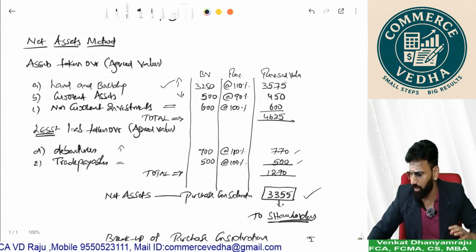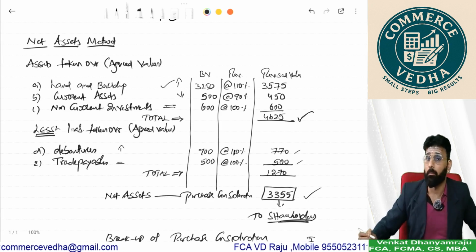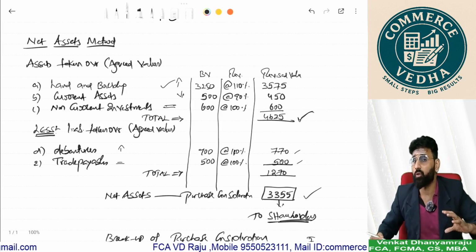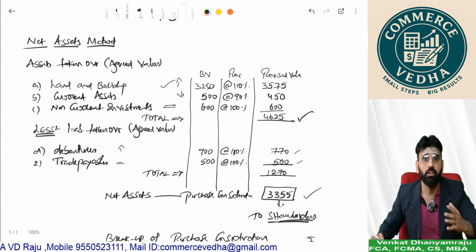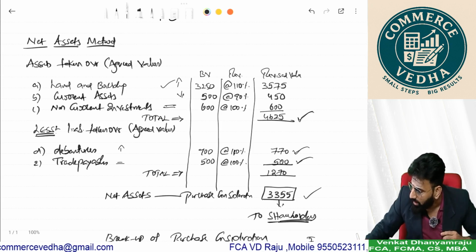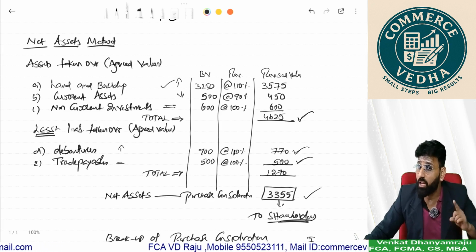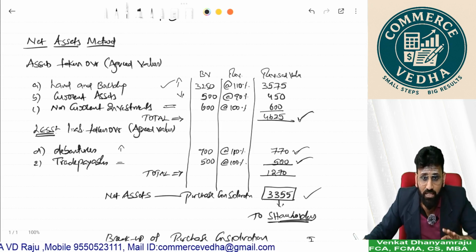Investments taken at 100%. This is the value of total assets taken over. But we are not paying for total assets to equity because we have to pay some amount to the liabilities, which are debenture holders and trade payables in this question. So we reduce that because purchase consideration should not include payments to debenture holders and creditors and liquidation expenses.